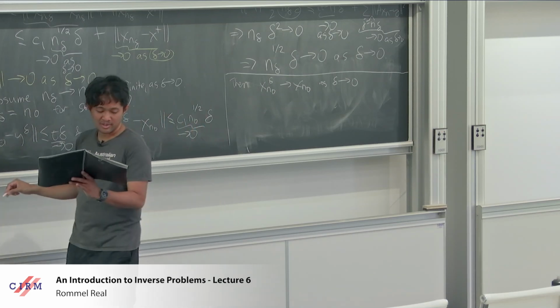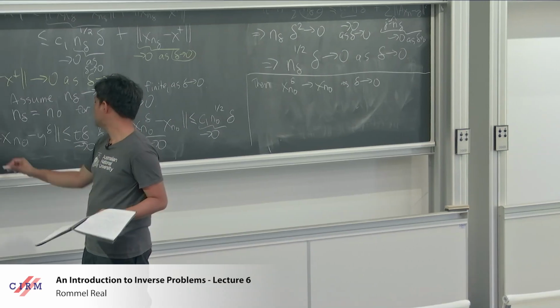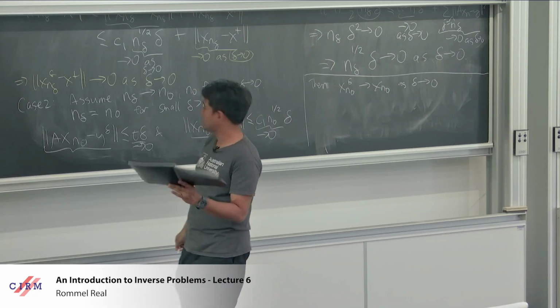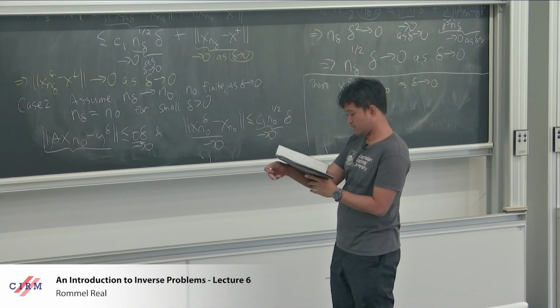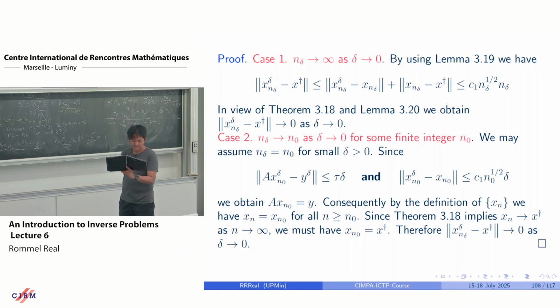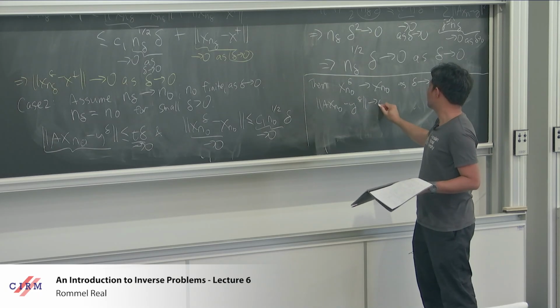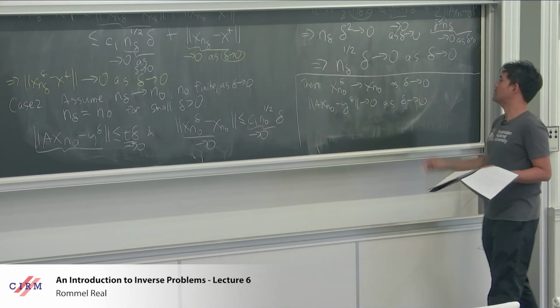So therefore, this one here must also decay to 0. And from that, as delta goes to 0, we can also show that the norm of A x sub n O delta minus y delta goes to 0 as delta goes to 0.